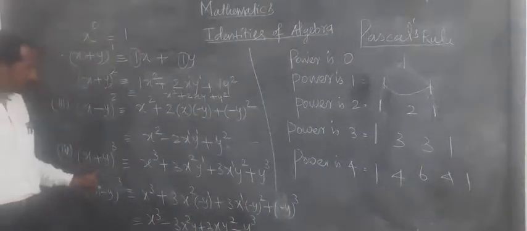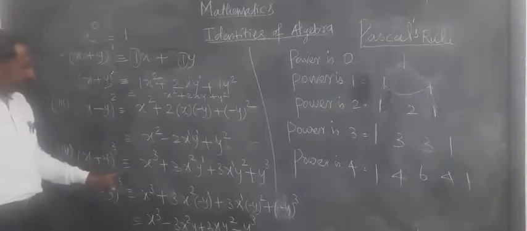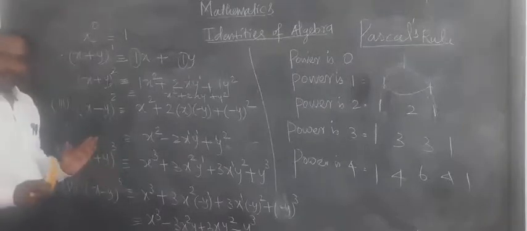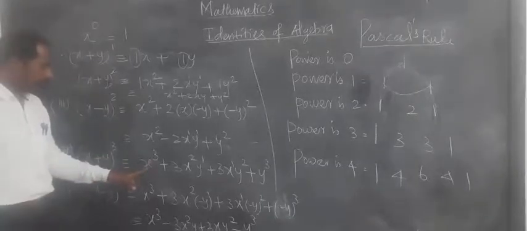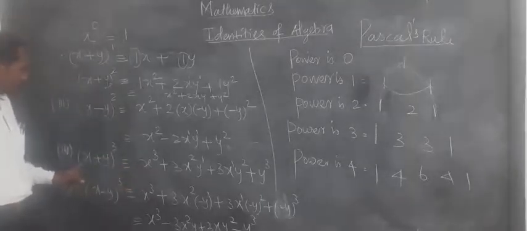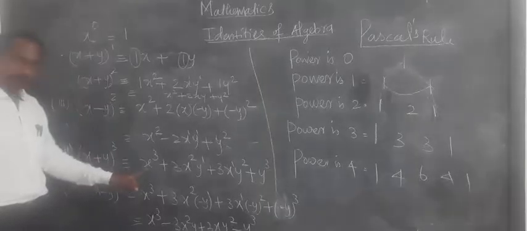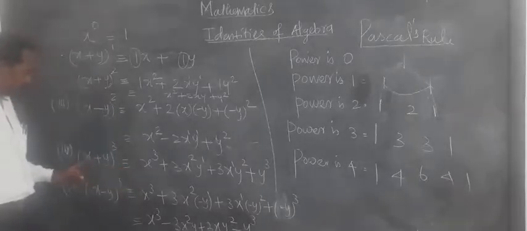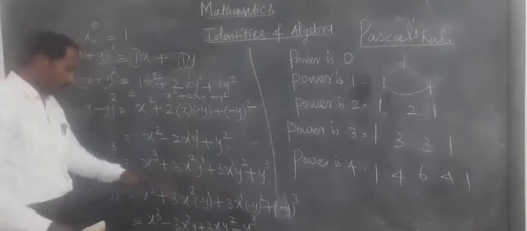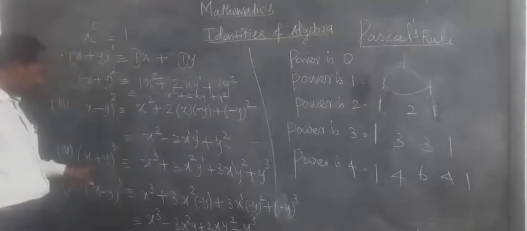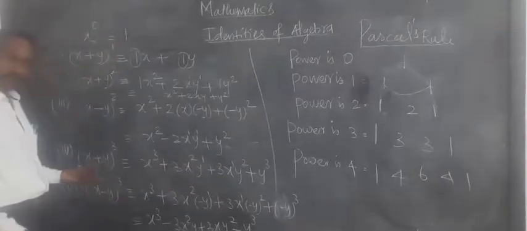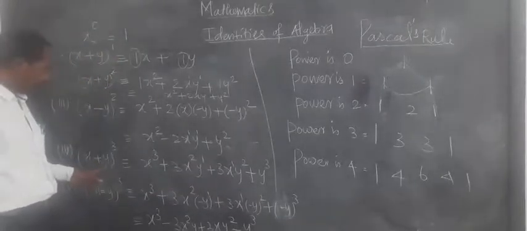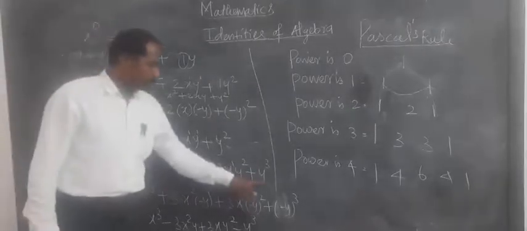So (x plus y) whole power 3. What is the identity? All the variables will come with total power 3. Here x first, of all 3. Next, I put a square; it is one possibility. Another possibility is 1, but it is squared. And the last one, no other way, so directly come to y power 3.